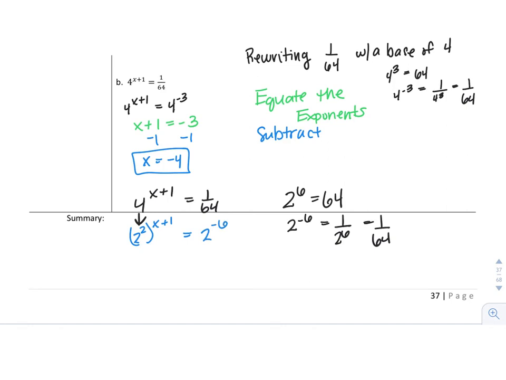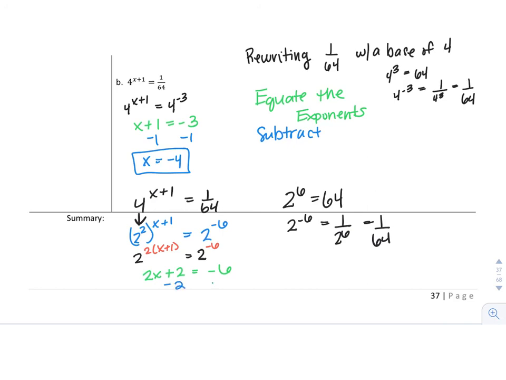So here you would have to multiply your exponents. So you'd have to do 2 times x plus 1 on the left-hand side. And then on the right-hand side, you would just leave it as -6. And now you can equate the exponents, but make sure you apply the distributive property on the left. So 2x plus 2 is equal to negative 6.